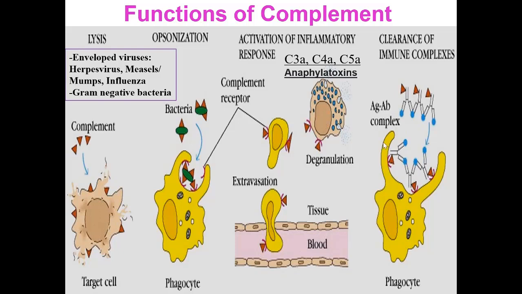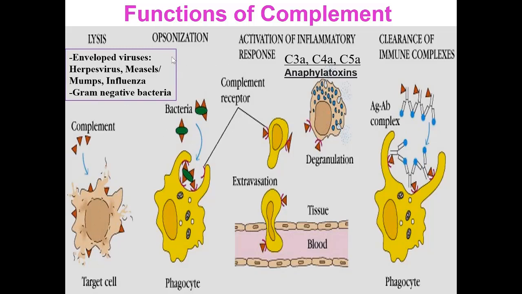As you see here, enveloped viruses such as herpes viruses, measles, mumps, influenza, and gram-negative bacteria and other cells can be lysed by activation of the complement system.